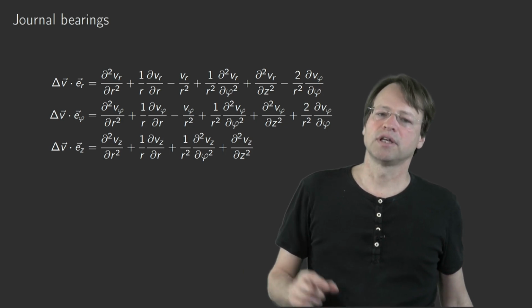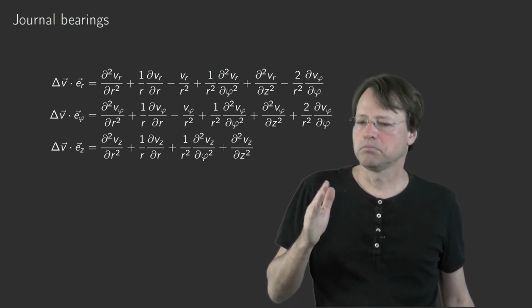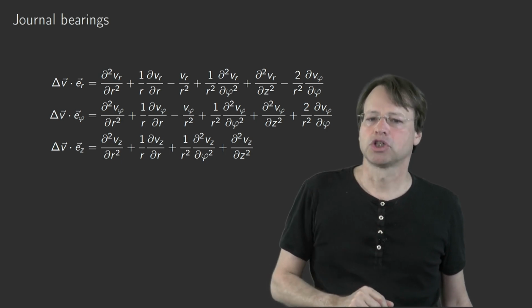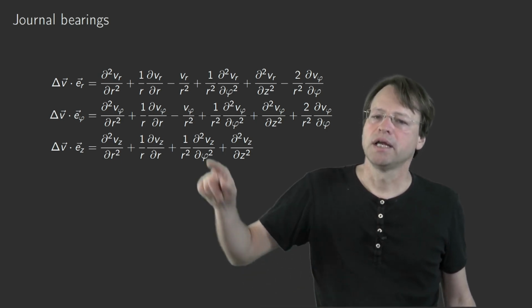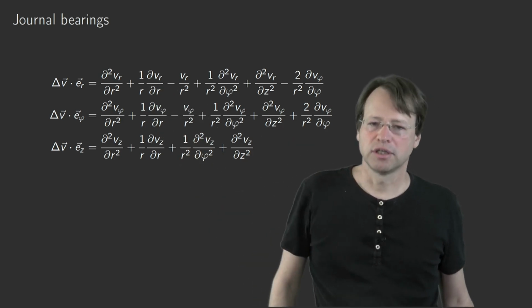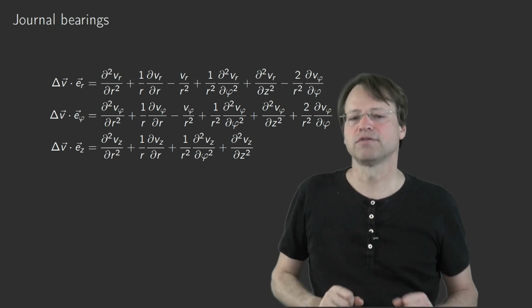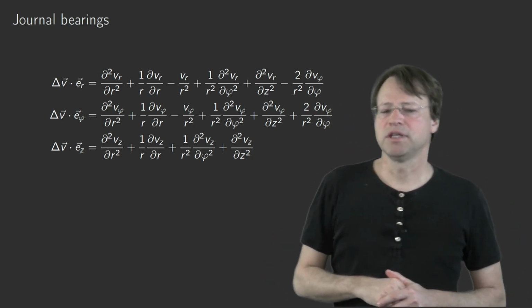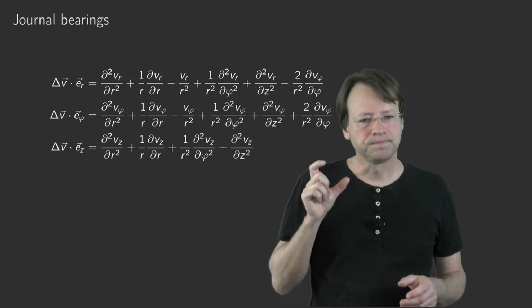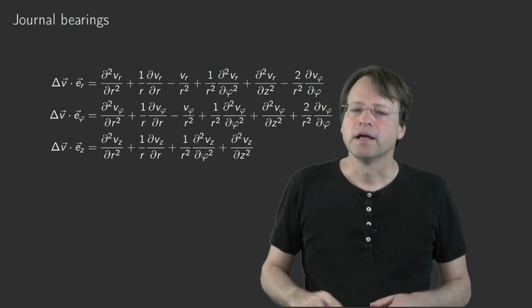So it starts already with quite a large value, and it doesn't change much. So what can be said about 1 divided by r? As r will be quite large, it will be at least of the order of magnitude of the radius of the shaft, perhaps a little bit larger, but not larger than half the inner diameter of the bearing.